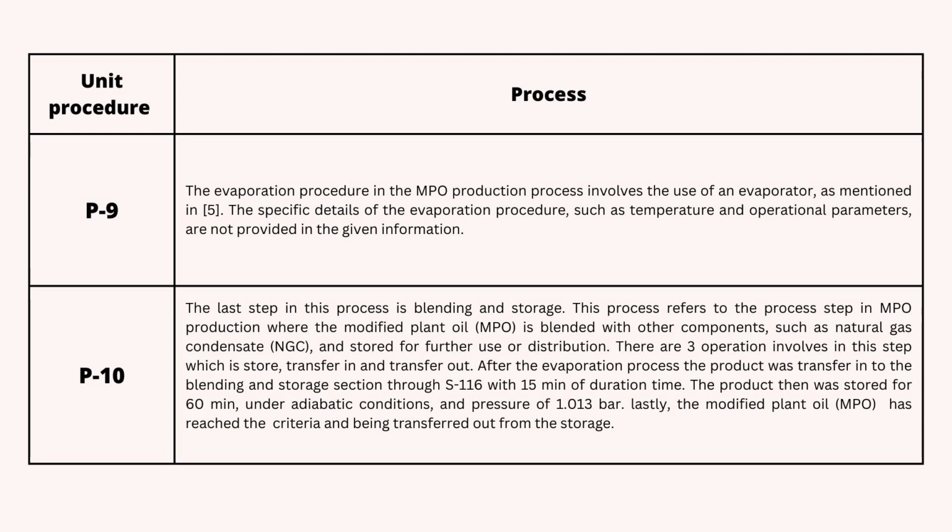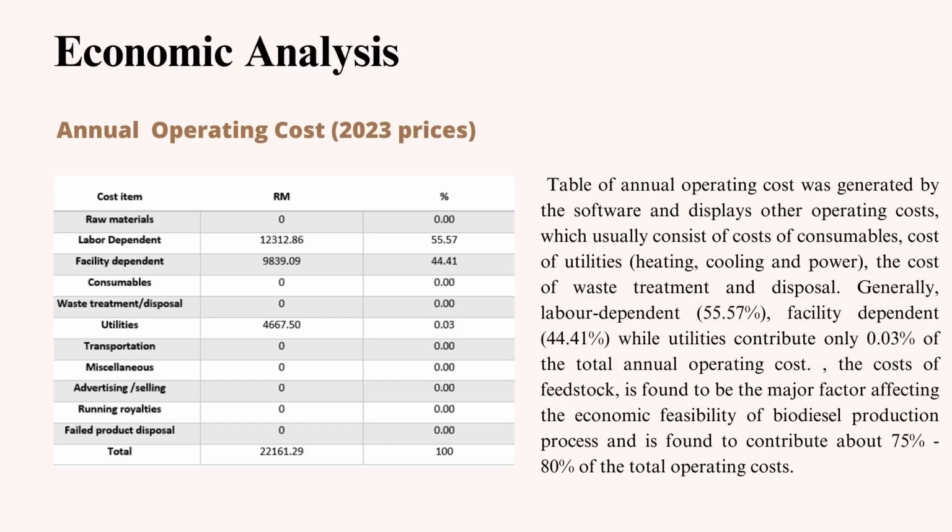After the evaporation process, the product was transferred into the blending and storage section through S116 with 50 minutes of duration time. The product then was stored for 60 minutes under adiabatic condition and pressure of 1.013 bar. Lastly, the modified plant oil MPO has reached the criteria and is transferred out from the storage.